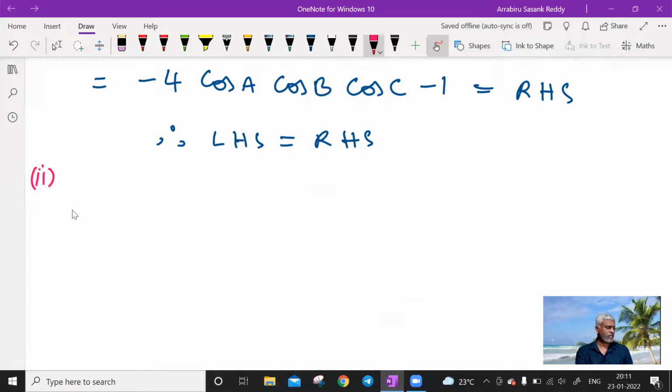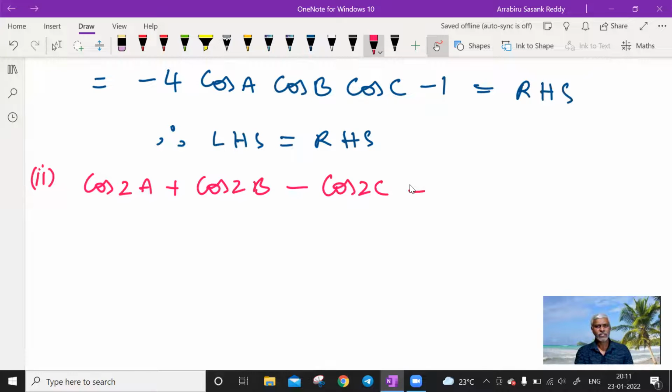Second bit, cos 2A plus cos 2B minus cos 2C. Previous all are plus, here the third term is minus.